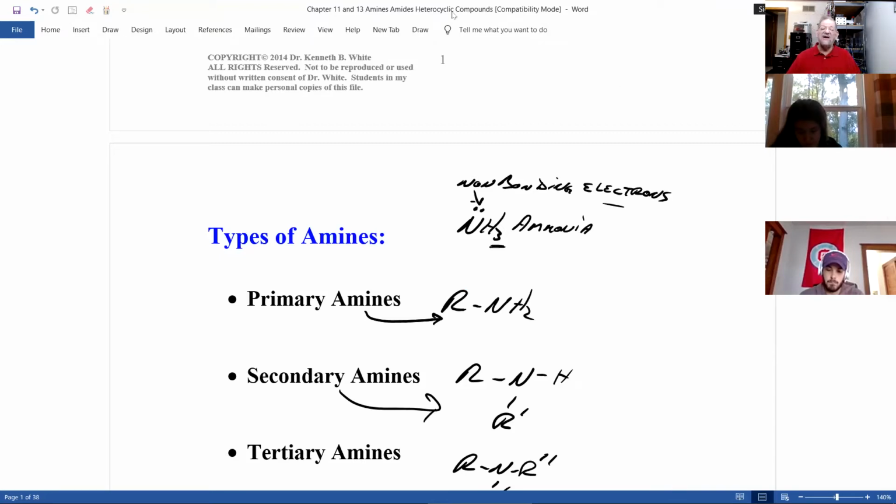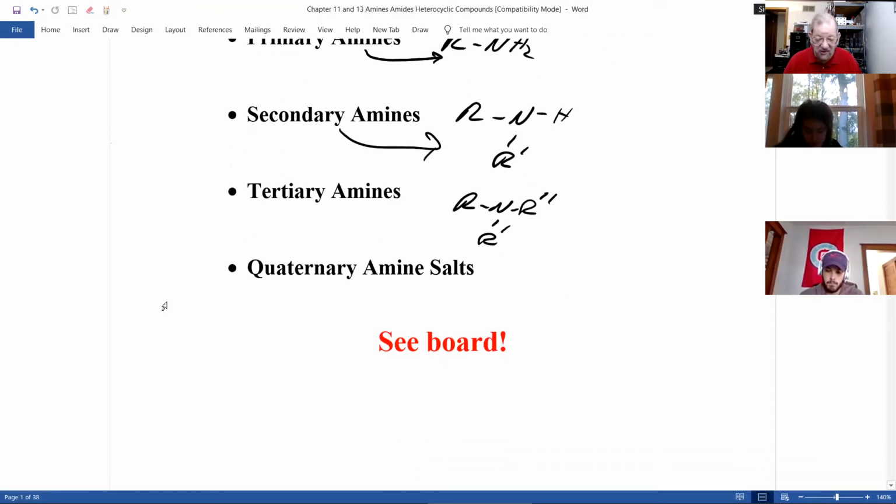Now, it turns out in nitrogen, you can use those non-bonding electrons to form a bond. And if you form 4 bonds to carbon, 4 bonds to nitrogen.